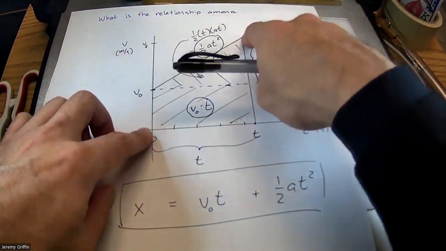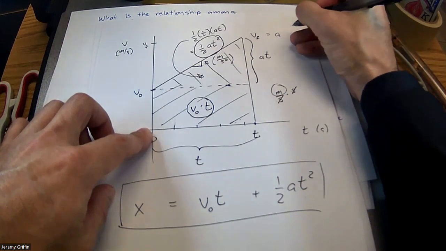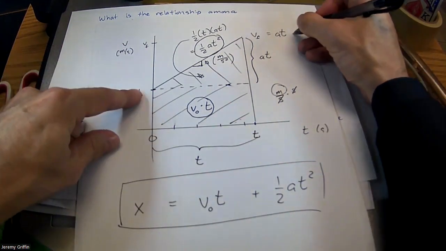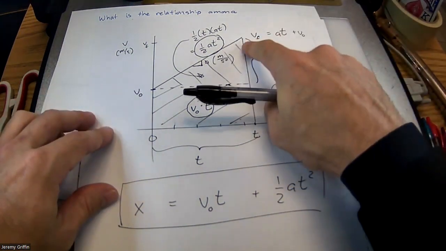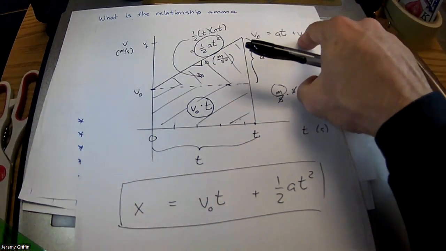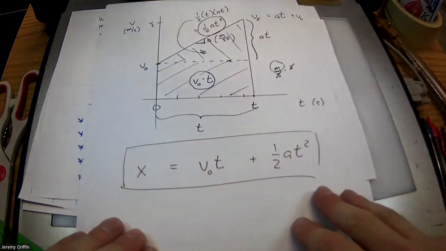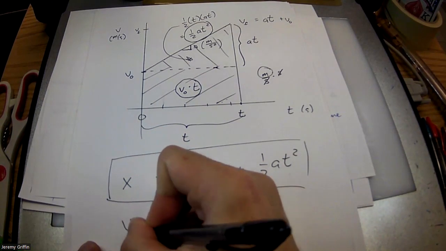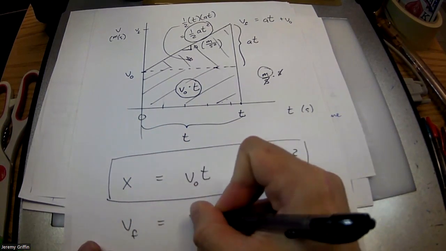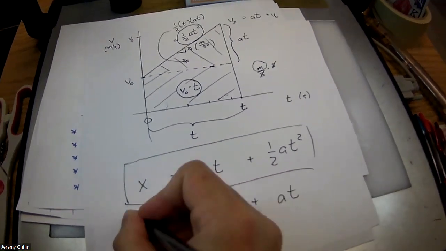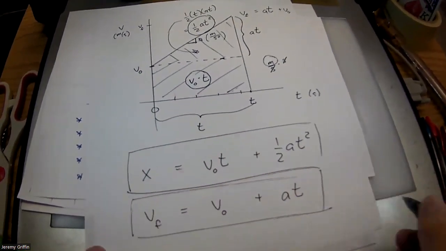I know the slope is acceleration, and however much time has passed is like the independent variable. And then your y-intercept is like the plus v naught. Isn't that y equals mx plus b? Now all I'm going to do, just per convention, is take that intercept and shift it to the front. Then it looks like the velocity it picks up is the initial velocity plus the acceleration times time. There's your second equation.